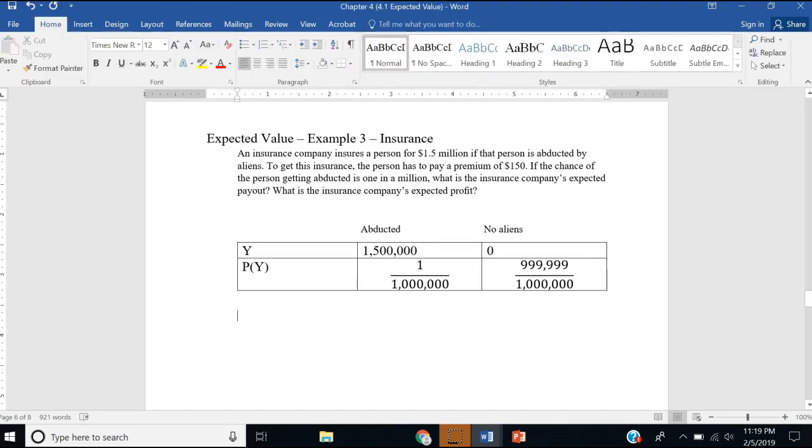So we can go ahead and calculate the expected payout. Again, I'm using Y for payout. You can use whatever letter you want.